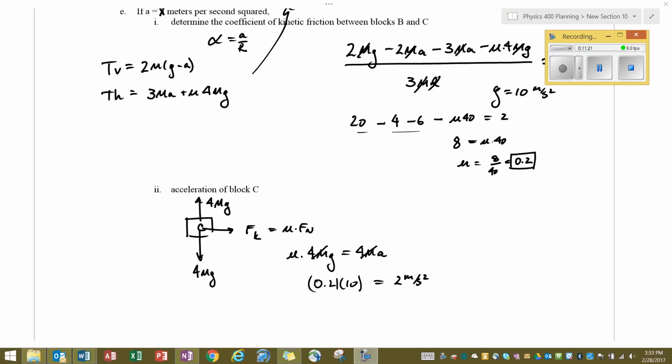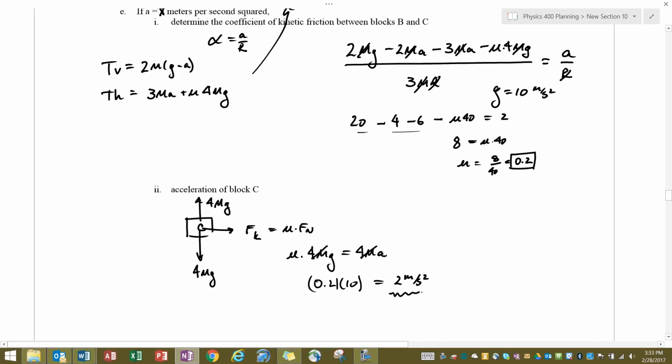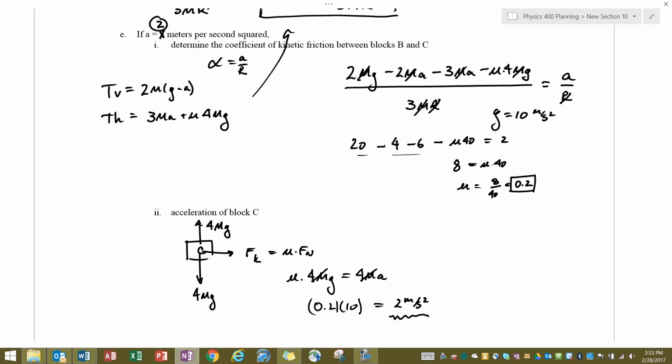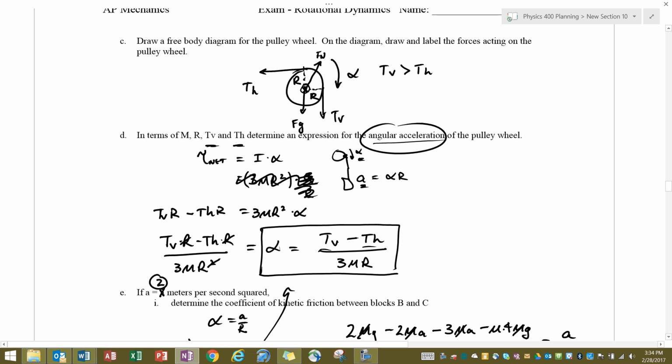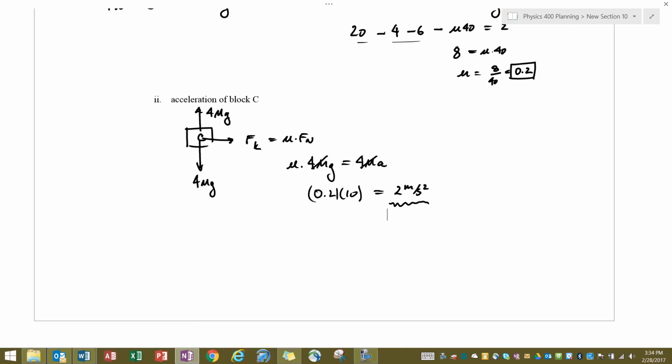So now that I get to the end here, there's something up with this acceleration, because this is the same acceleration that we said the 3m block would have. But if the 4m block and the 3m block have the same acceleration, then there would be no slipping at the surface.